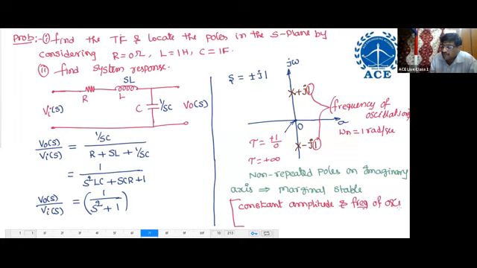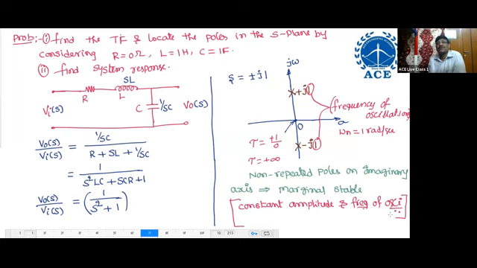Stable system means what happens? Bounded response. Finally, it settles to some final value, and generally it follows the input. Whereas a marginally stable system always gives an oscillatory response.